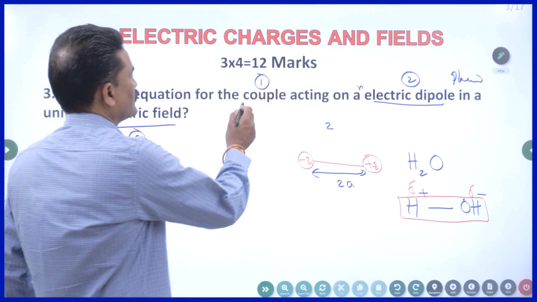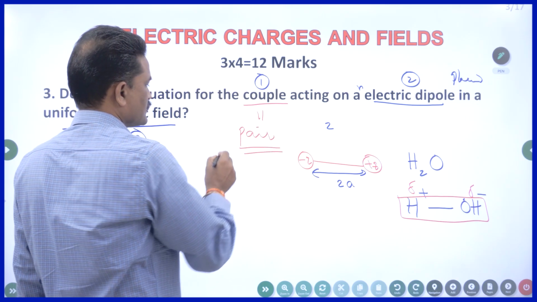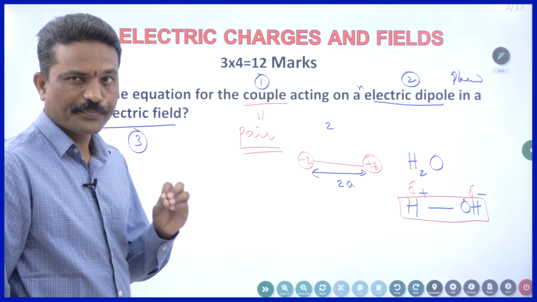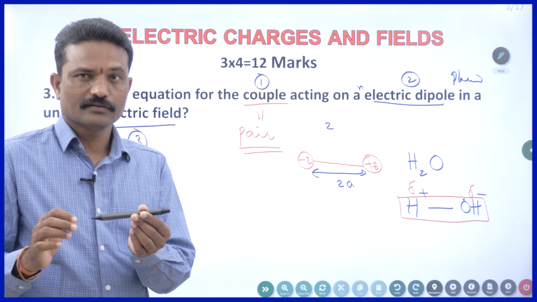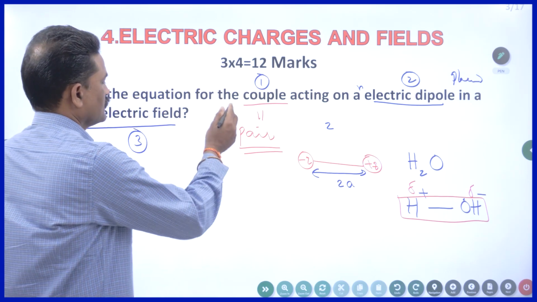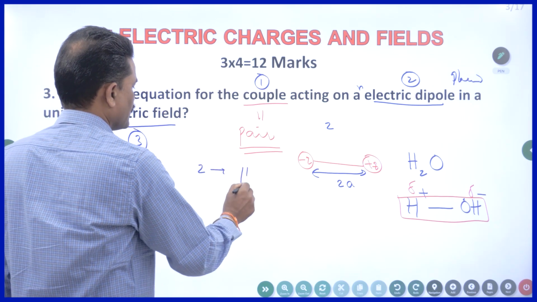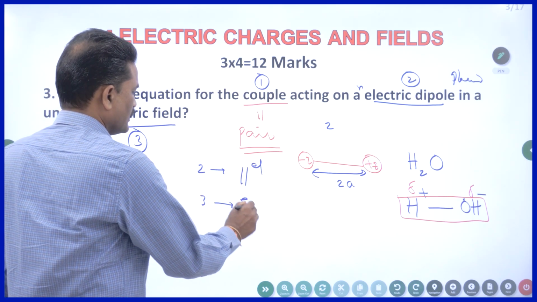What do you mean by couple? Couple means two, a pair. If a pair of forces act at two different points on an object, what type of pair of forces? Those two forces must be parallel, number one. They must be equal in magnitude.